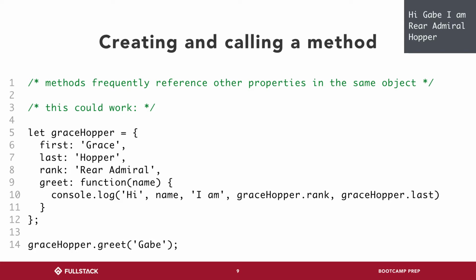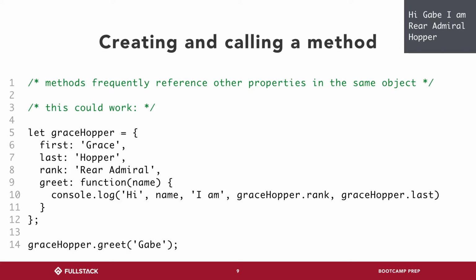But what if, for example, Grace Hopper got promoted and was the thing above a rear admiral, super rear admiral? The way we have this written out now, if we want greet to print "Hi Gabe, I am super rear admiral Hopper," all we need to do is change the value of rank.